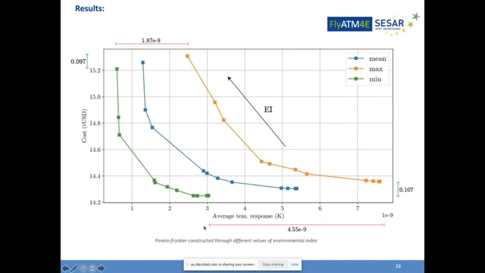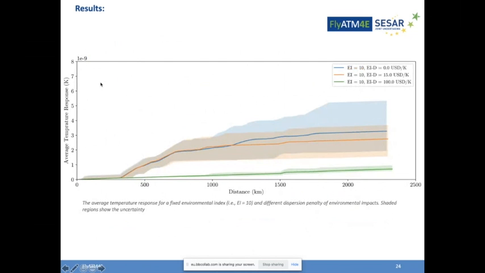But I want to mention that by increasing the EI environmental index, not only the mean values, but we can see the deviation is also decreased from 4.55 to 1.87.